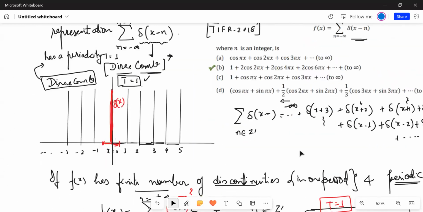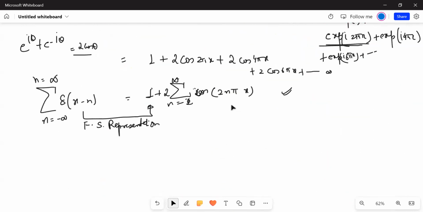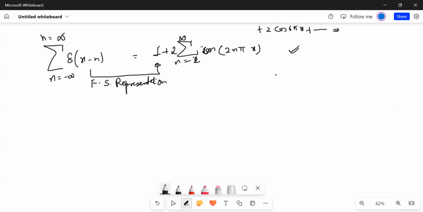Okay, now if you can see what physically is happening. All these cosines are superimposing with each other with all different frequencies. So basically, it represents the superposition of cosines of varying frequencies.